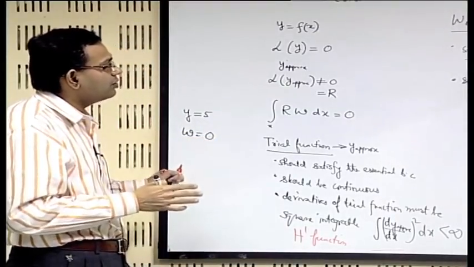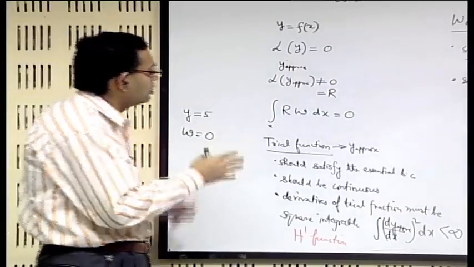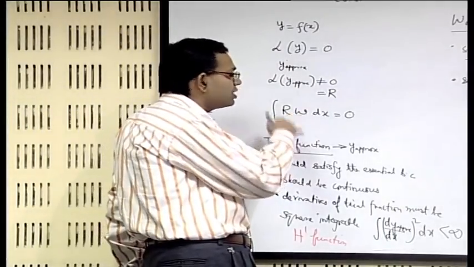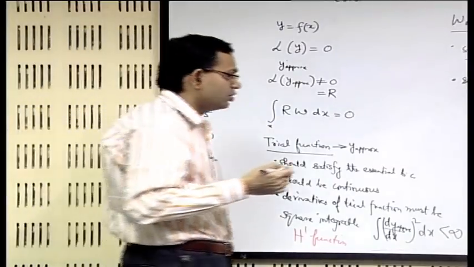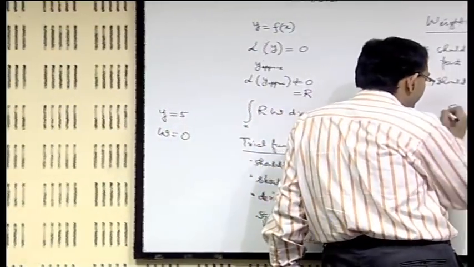Now, this is a brief background. With this background, let us try to understand how differently you can choose the trial function and the weighting function based on some particular methods. So, some specific examples.